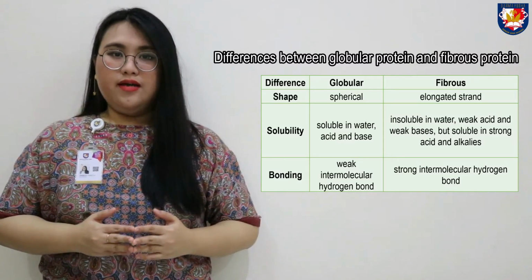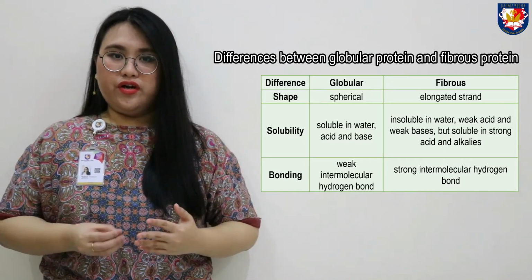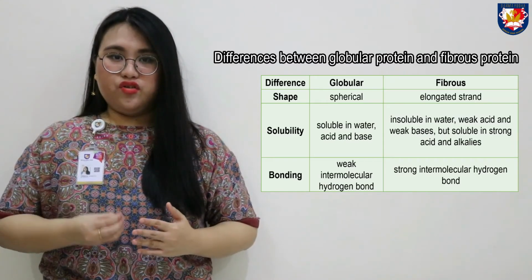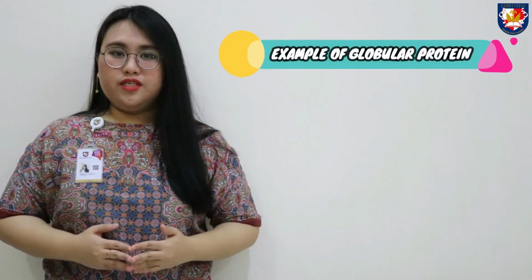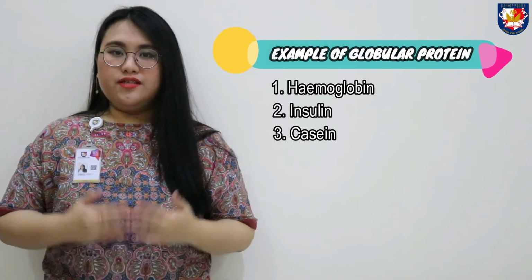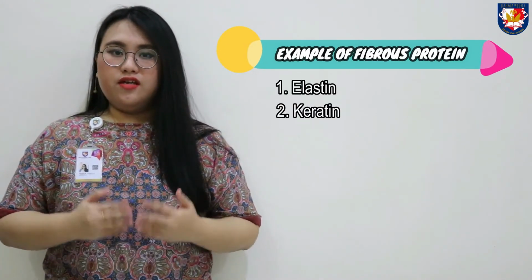The third one, globular proteins have weak intermolecular hydrogen bonds, while fibrous proteins have strong intermolecular hydrogen bonds. Examples of globular proteins are hemoglobin, insulin, casein, and many more. While examples of fibrous proteins are elastin, keratin, and silk.